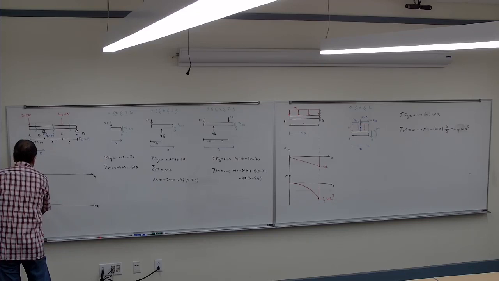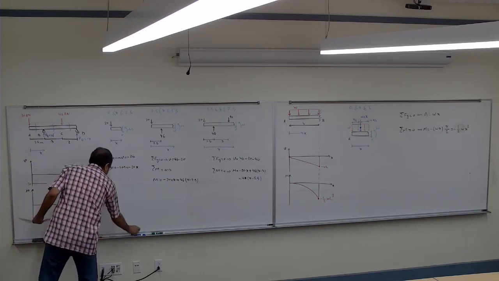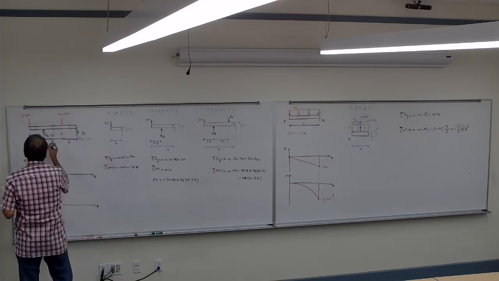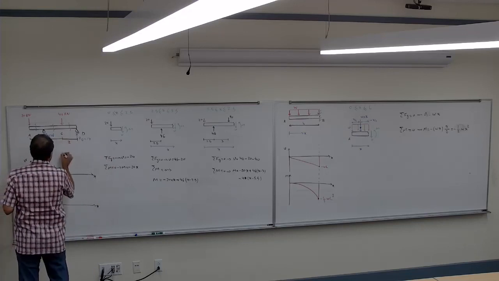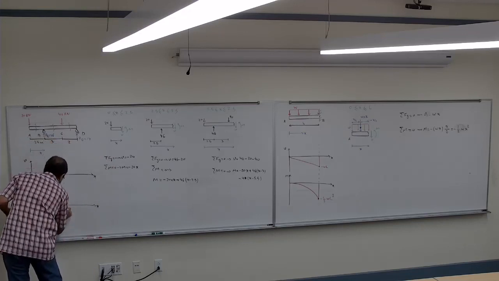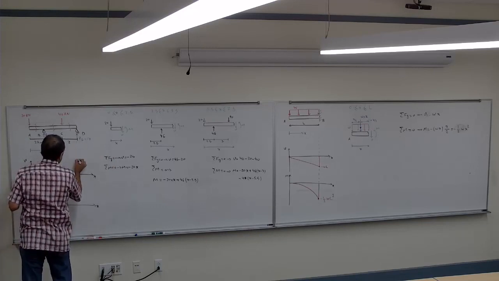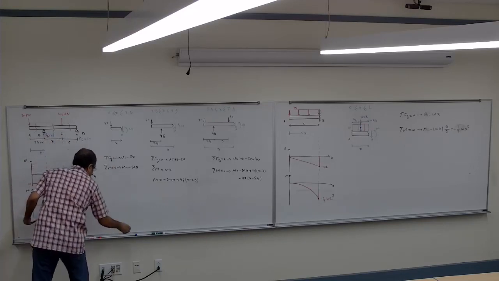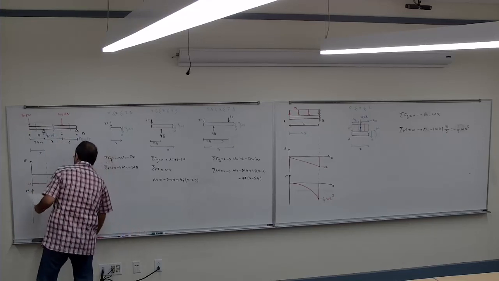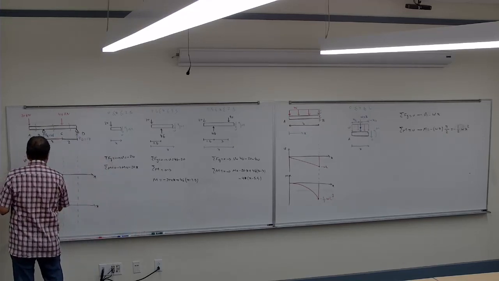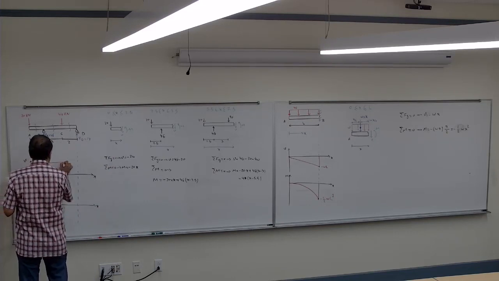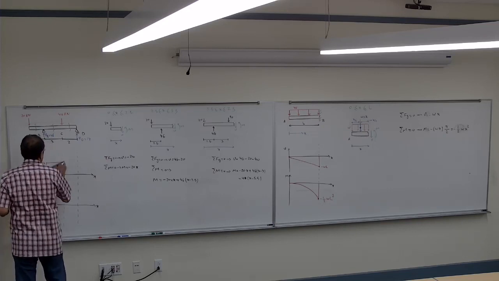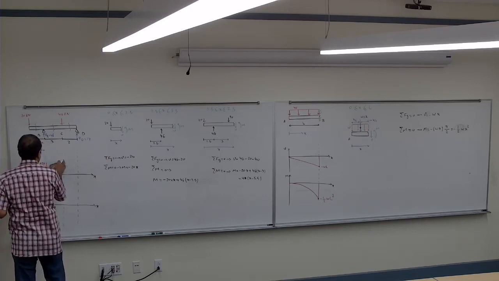You have to start from negative 20. Let me draw those points. Go up to 26. Then drop down to negative 14.